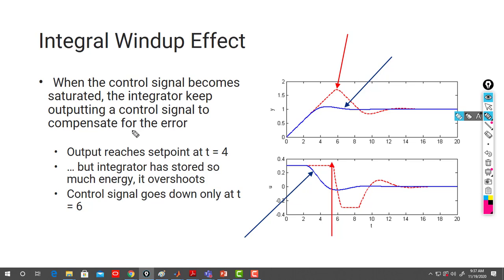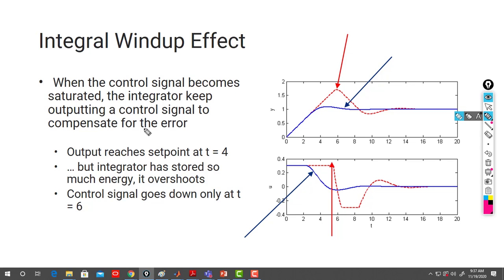Imagine it's a DC motor that cannot speed up, but the integrator needs it to speed up to minimize the error. But your actuator is saturated, cannot turn more than 1000 RPM, for example, and you want it to turn more, it doesn't.